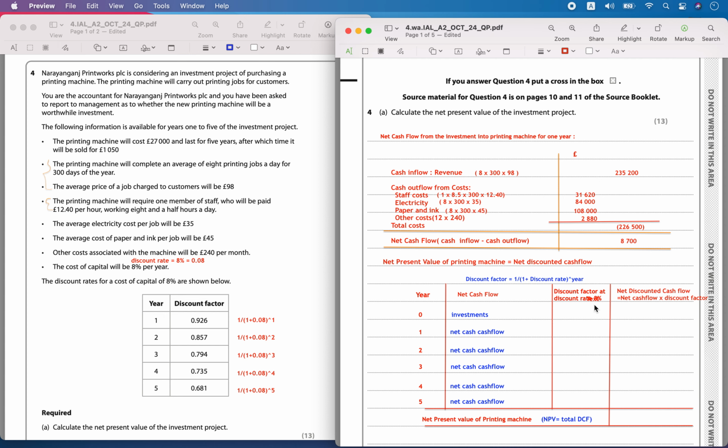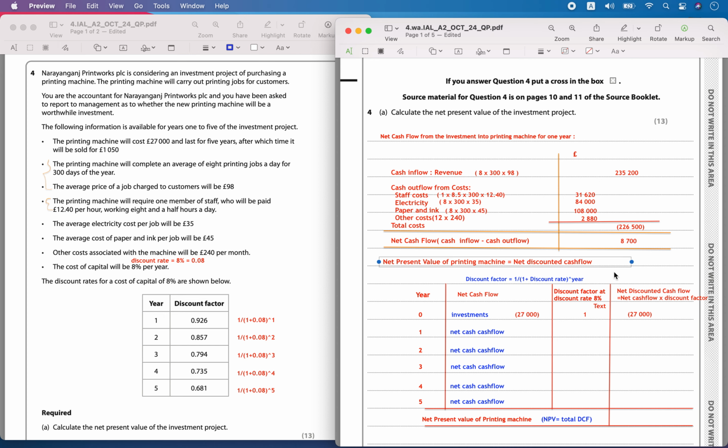I'm going to take the investment as negative, so 27,000 as negative. From that I'm going to add the net cash flow happening every year as positive. The discount rate when it is invested, let's assume, is 1. So for the initial year it will be negative 27,000.